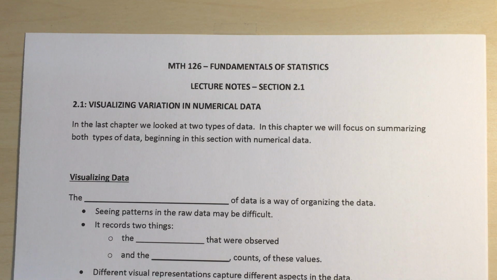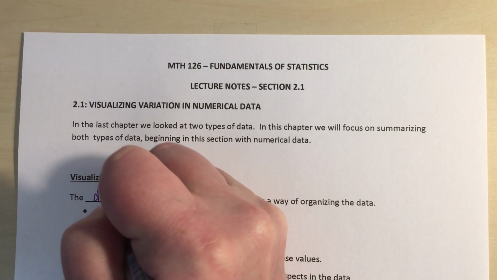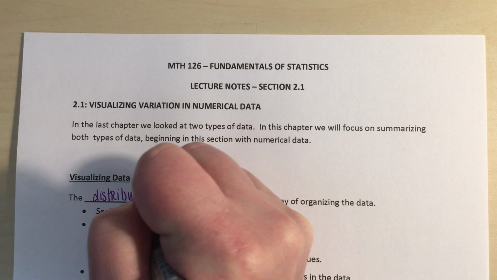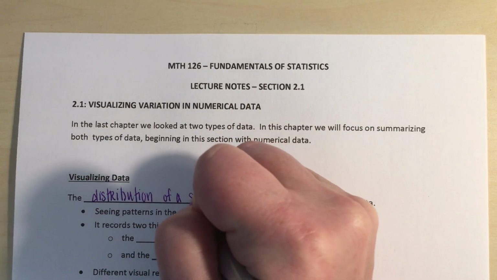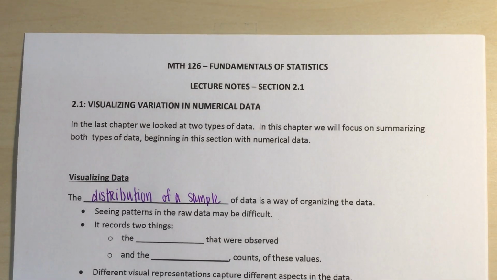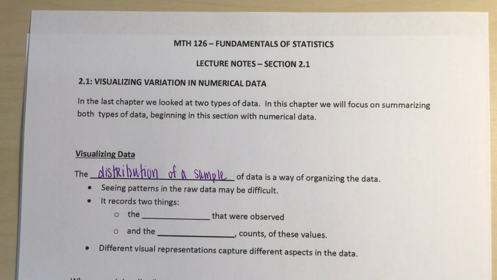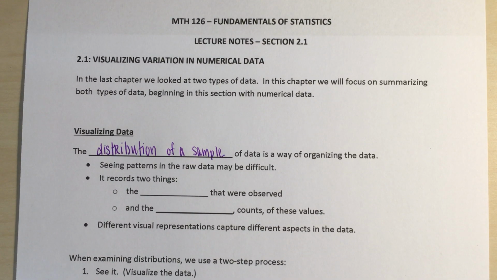So our first definition up at the top here: the distribution of a sample of data is a way of organizing the data. When we're visualizing our data, seeing patterns in raw data might be difficult. So if we just have a list of data values, it may be difficult to see our patterns.